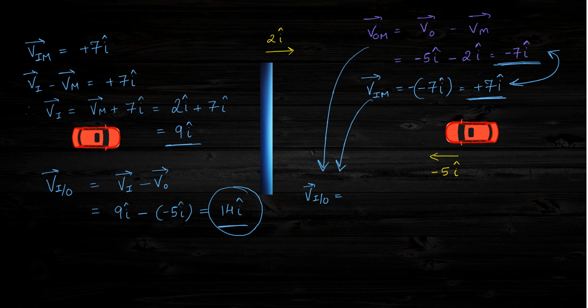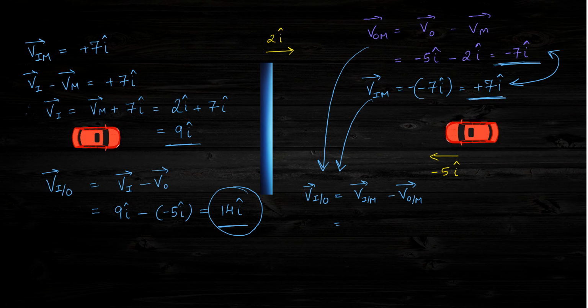So all inertial frames of reference are equivalent. That means if I take the velocity of image with respect to the mirror or with respect to the ground, both concepts are going to be equivalent. So velocity of image with respect to object can be said to be velocity of image with respect to mirror minus velocity of object with respect to mirror. According to the principles of relative velocity, the velocity of mirror is getting cancelled over here.